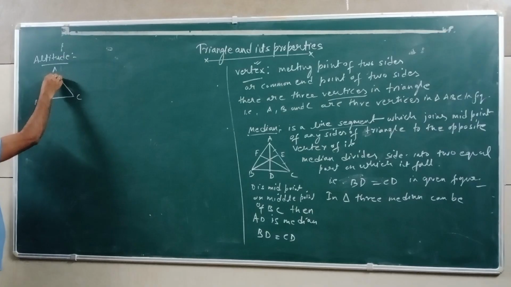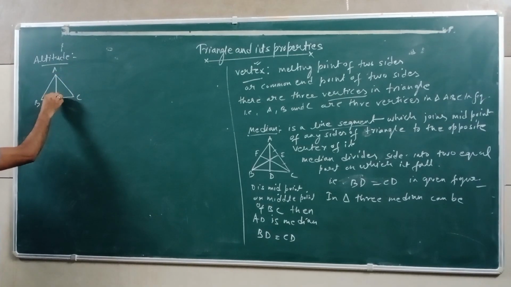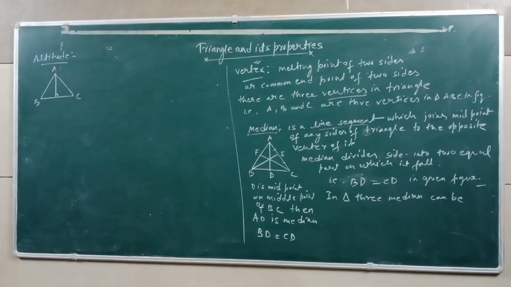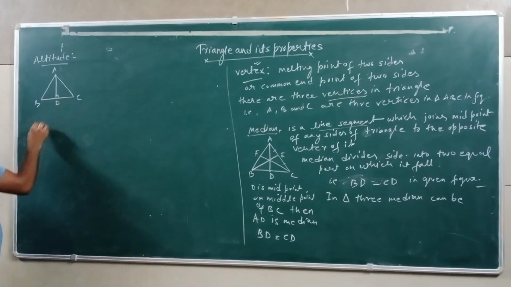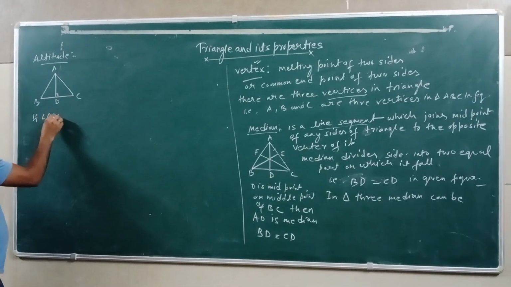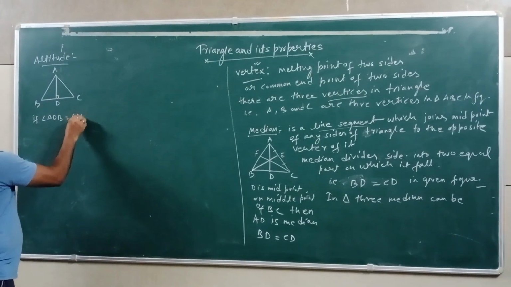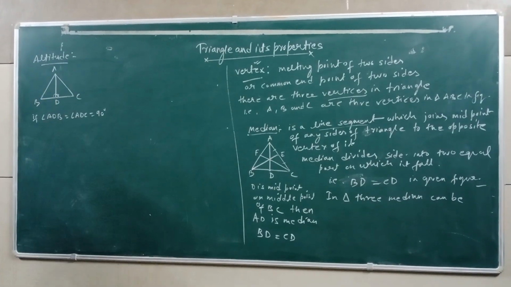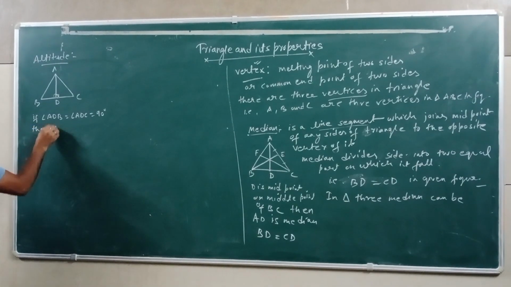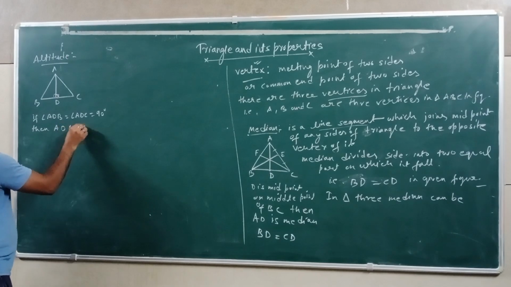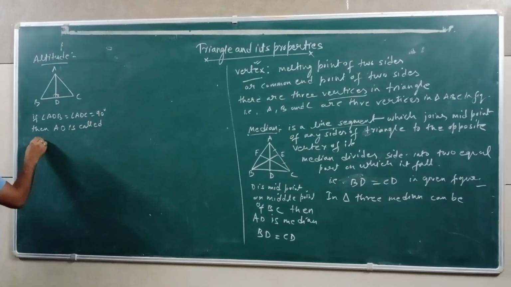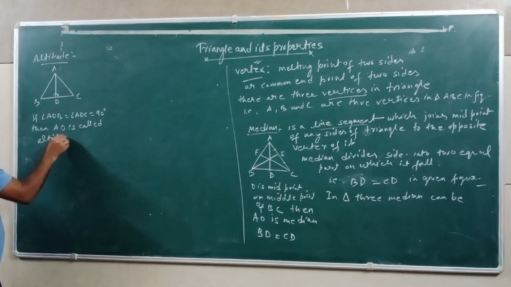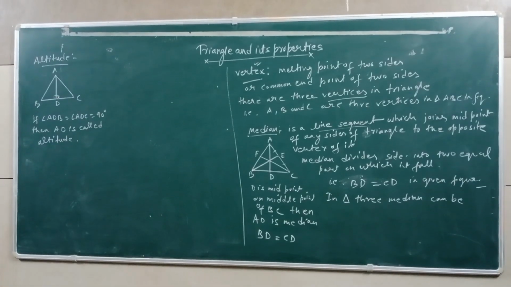If you draw a line segment from vertex A to BC, and angle ADB is equal to angle ADC is equal to 90 degrees, then AD is called an altitude.